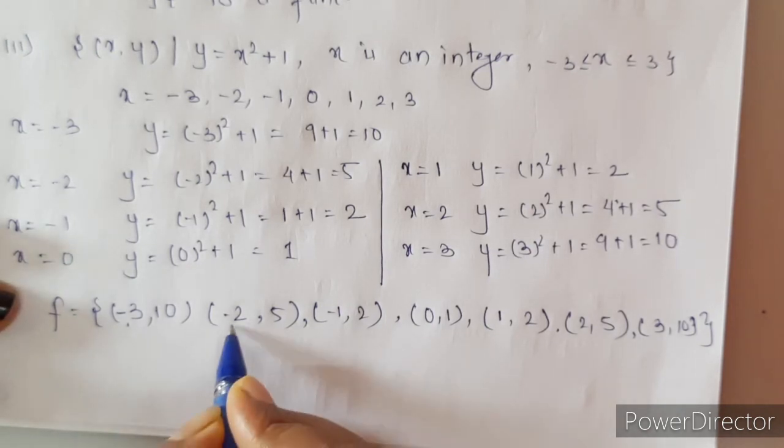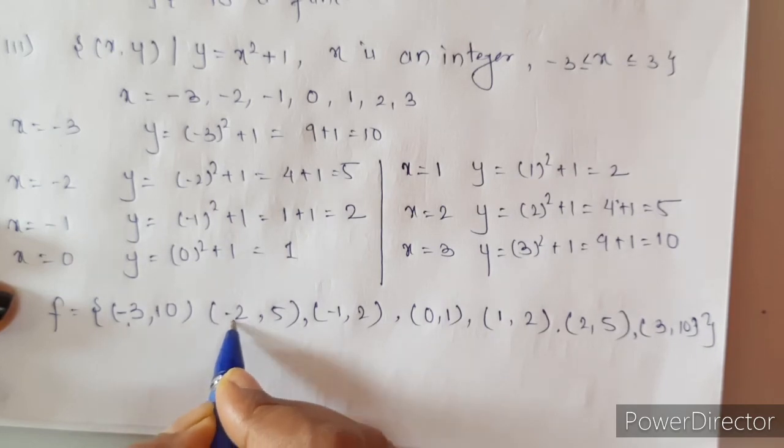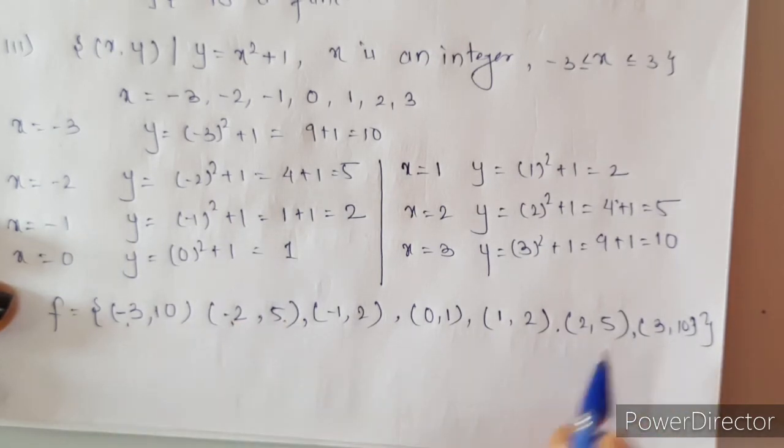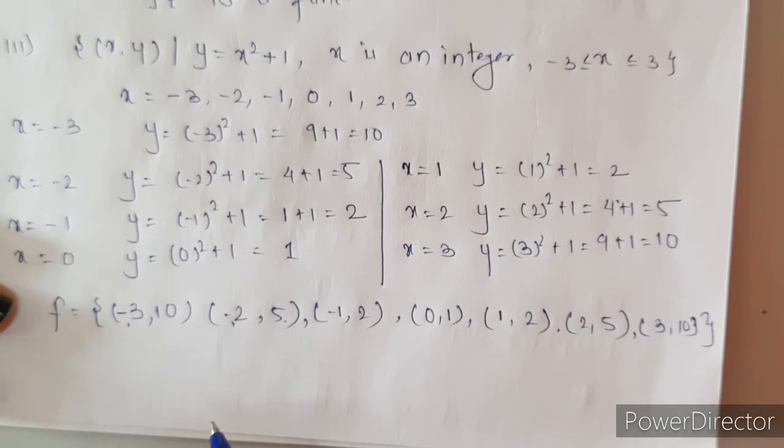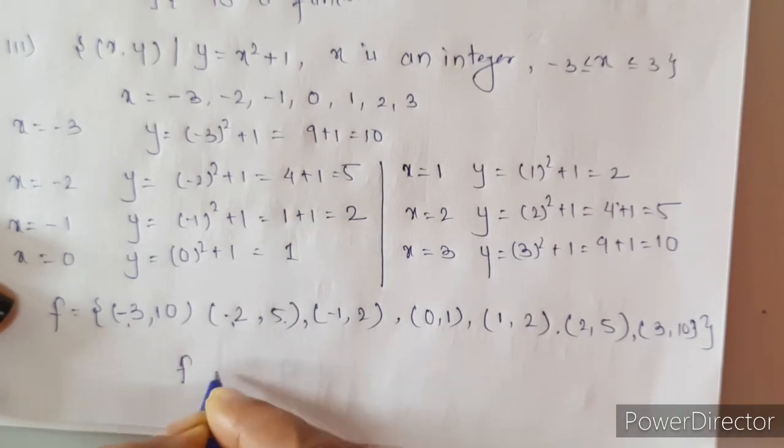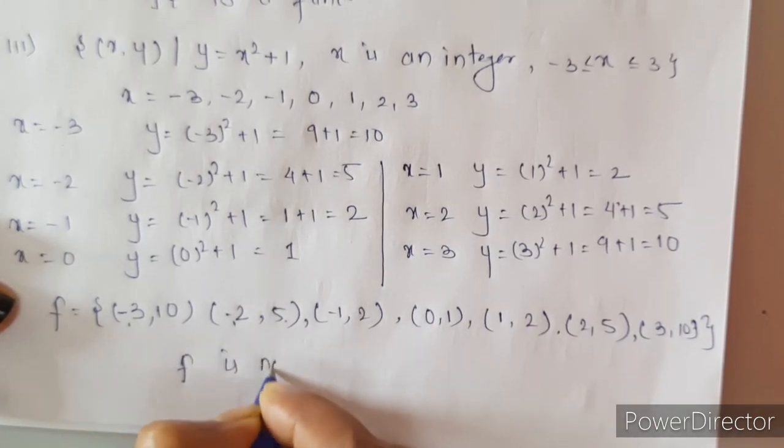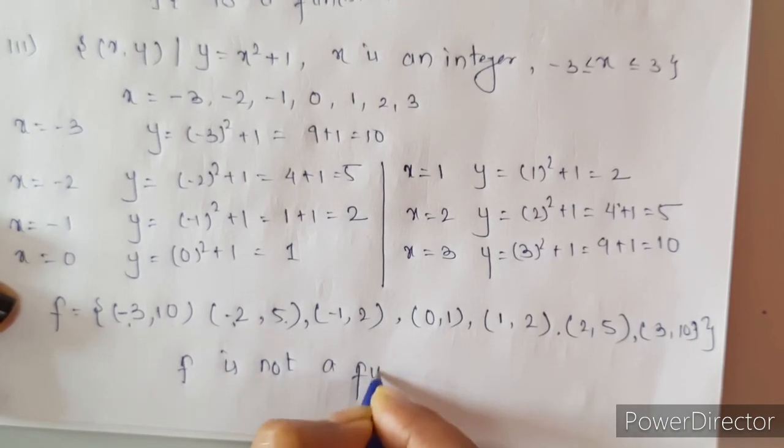Again, minus 2 is going to 5, but 2 is also going to 5. So two elements from the domain are both related to one element in the codomain. So we can say that f is not a function.